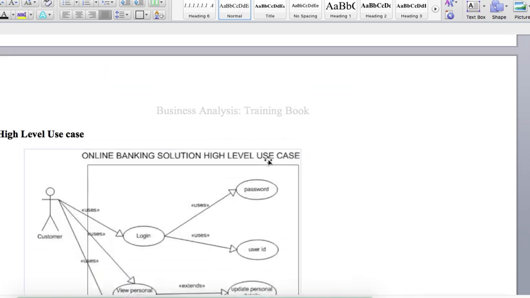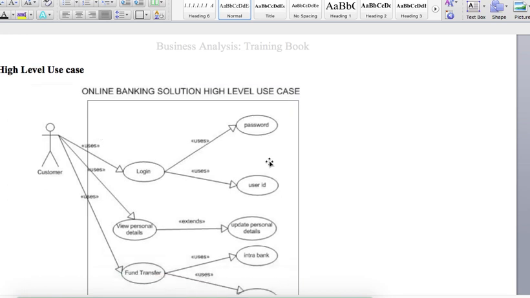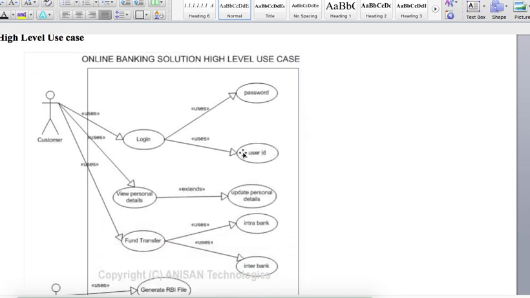Okay, if you see, this is your high level use case. We will study use cases in detail at a later stage, but at this stage what we need to learn is that the oval shapes represent functionality. The actor could be anyone who is interacting with the system, and how he will interact with the system.